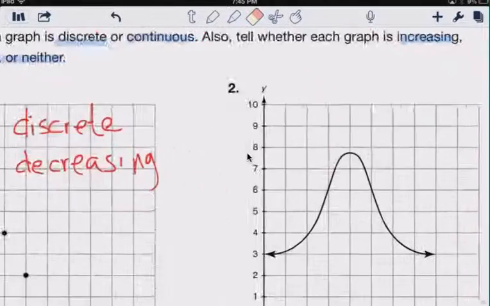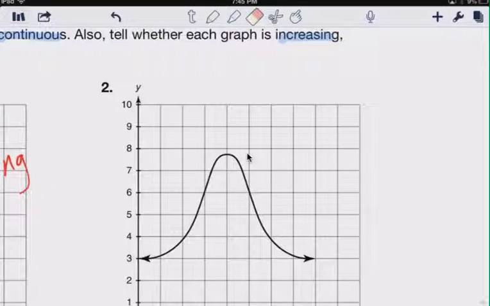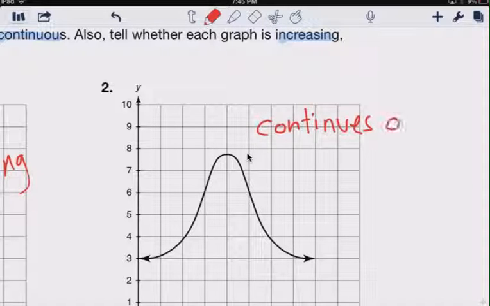Okay? This number 2, this graph is a continuous graph, both increasing and decreasing. So it's continuous and increasing, and both increasing and decreasing.